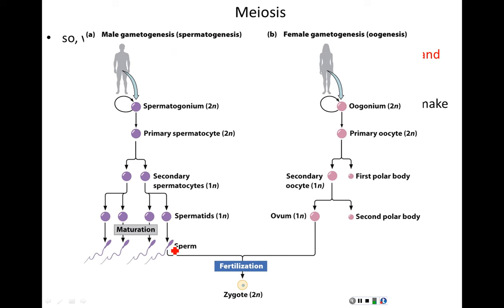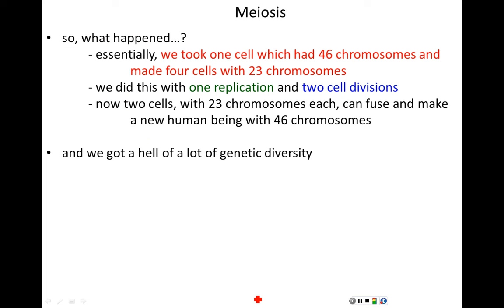Dad's sperm has half the number of chromosomes needed to be a human being. It fuses with mom's egg, which has half the chromosomes needed to be a human being, creating a full complement of genetic information and therefore a new human being. As part of this, we had a hell of a lot of genetic diversity introduced, but there's more. Not just crossing over is responsible for the differences between siblings.